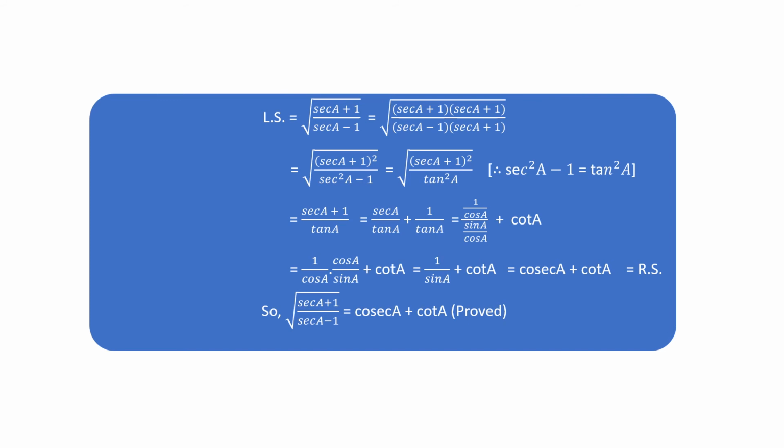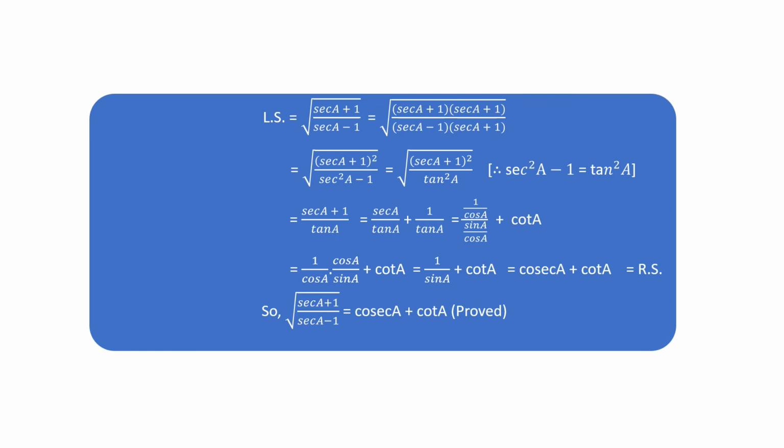Then we know, all the time, multiply the numerator and denominator by sec A plus 1. Then (sec A plus 1) into (sec A plus 1) by (sec A minus 1) into (sec A plus 1) equals root over (sec A plus 1) whole square by sec square A minus 1, since (sec A minus 1) into (sec A plus 1) is the formula a square minus b square.